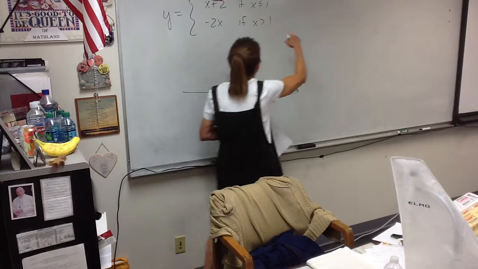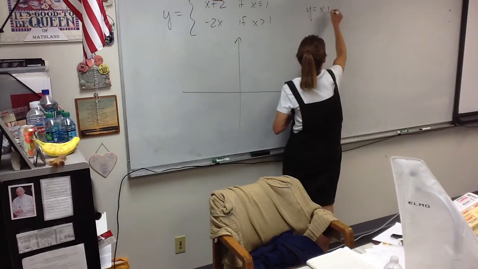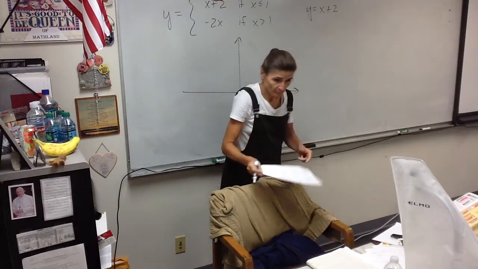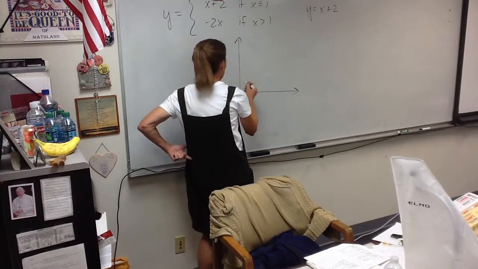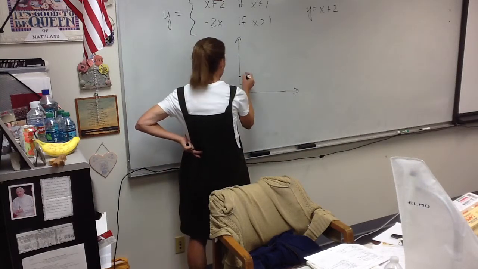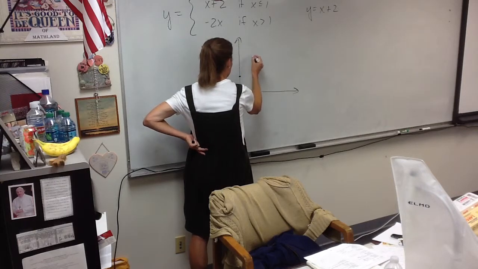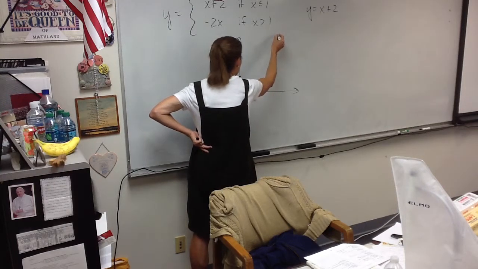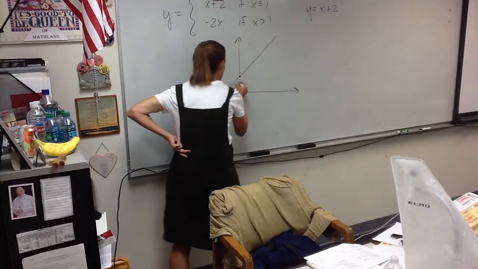So I'll just look at the first piece. What shape is that? That's a line. It's a line that has a y-intercept of 2 and a slope of 1. So if I were going to graph this thing, it would look like this.